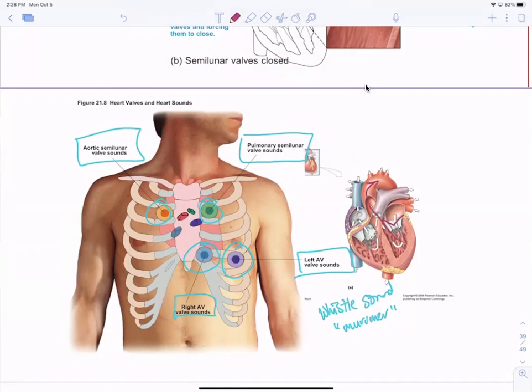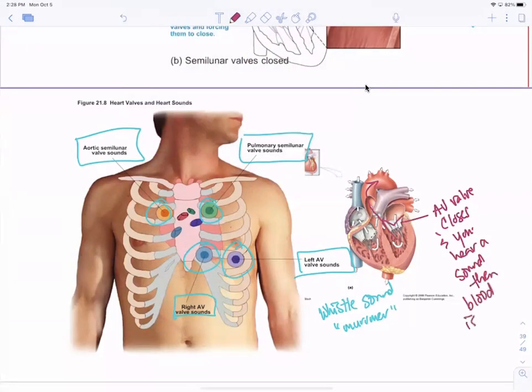But if the AV valve shuts, closes, and you hear a sound, then blood is squeezing back through the AV valve cusps.